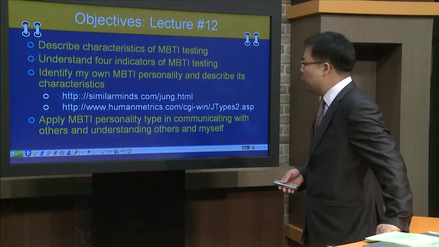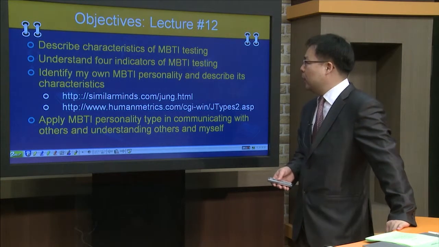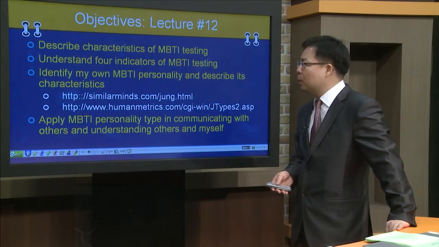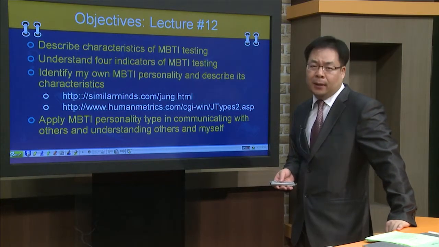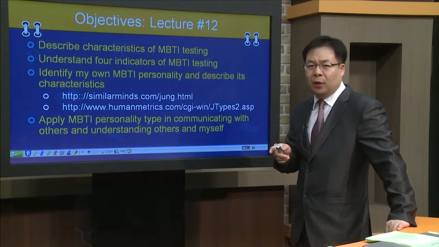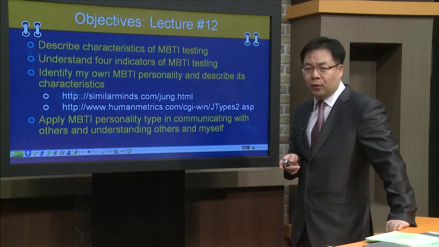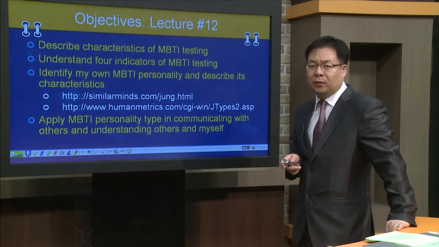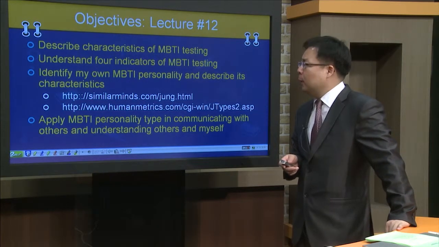So we will talk about the Myers-Briggs Type Indicator. It has 4 different indicators, and each indicator has 2 different dichotomous choices. So 4 indicators with 2 choices each make 16 different types.